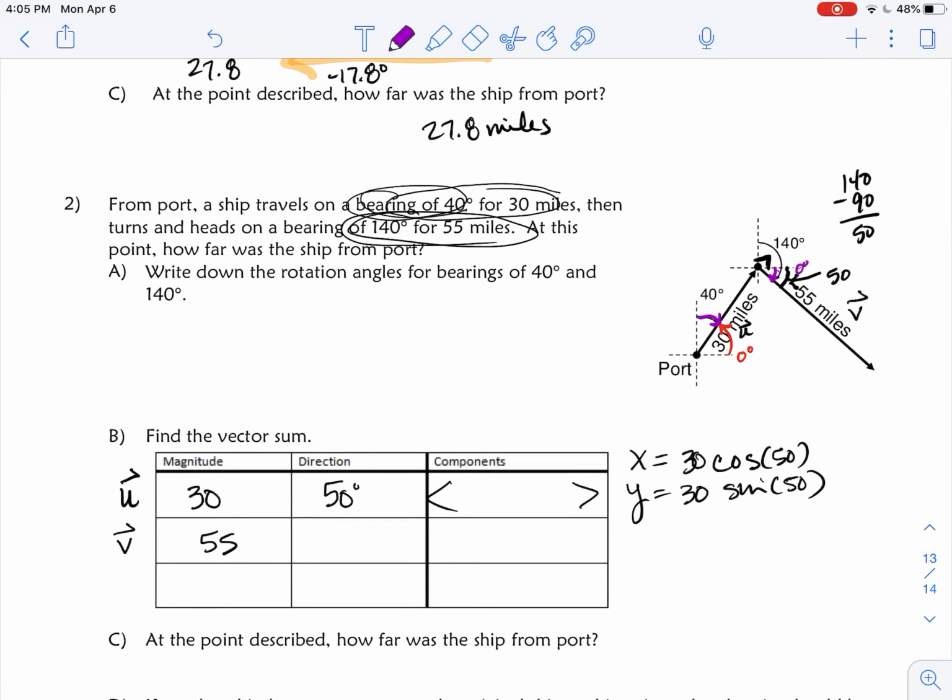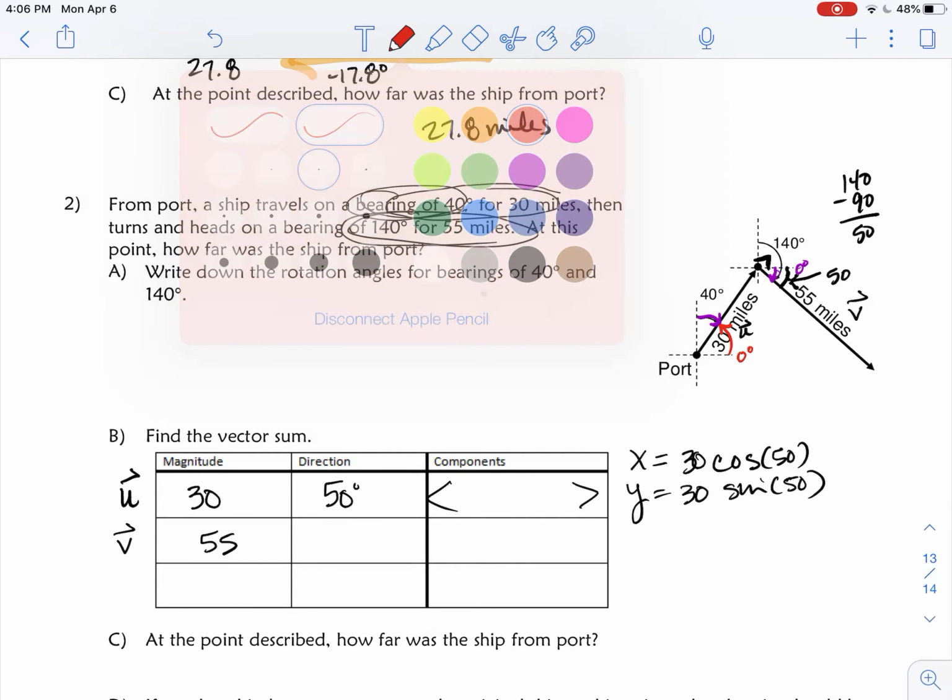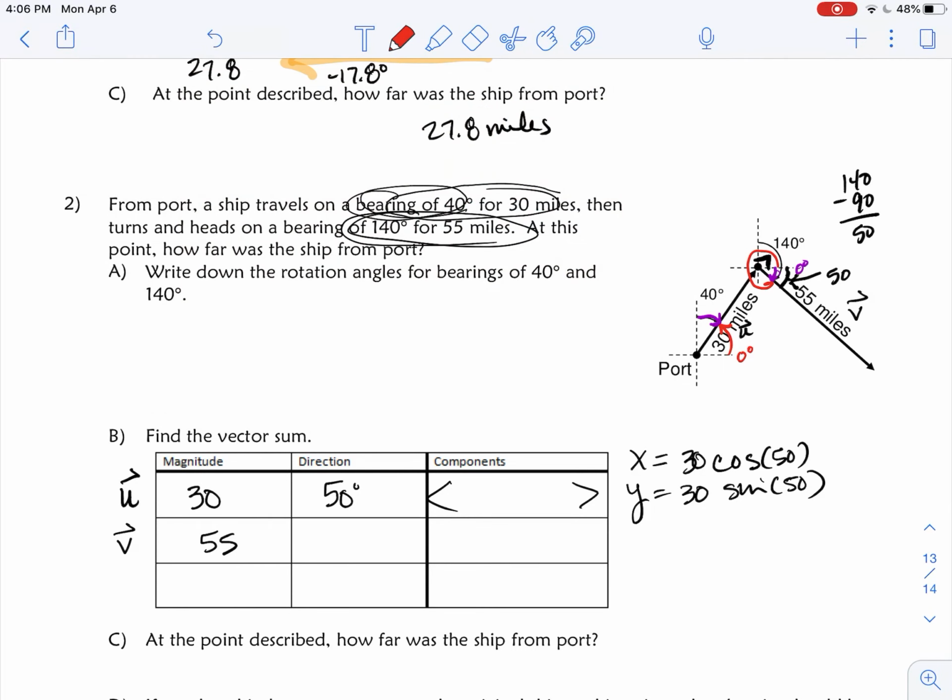In a rotation angle, I can either say, well, it's a negative 50 degrees rotation angle because we start with 0 degrees here. Or if I wanted, I could use a positive rotation, go all the way around, and stop, and that would be at 310. So 50, negative 50, or 310 would correspond to that bearing of 140.